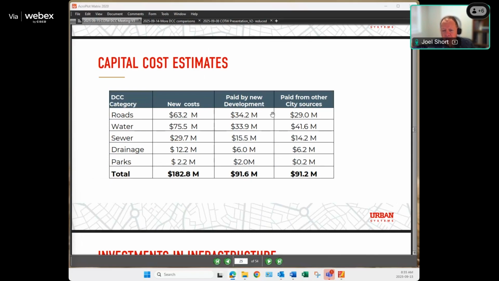So when we look at that, the amount paid by new development is about 91.6 million, and the amount paid by other city sources, which is taxes and rates, is about 91.2 million. So very close to a 50-50 split on the total amounts of the projects, but significant amounts without a question in each of those cases.